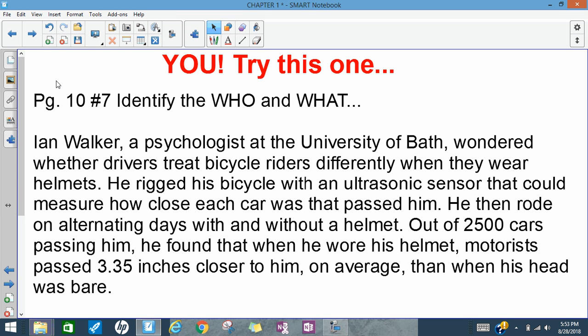I'd like you to read this question. It's question 7 from page 10. I want you to just identify who's the sample and the population and what type of variable we're measuring and what is the variable that we're trying to measure.